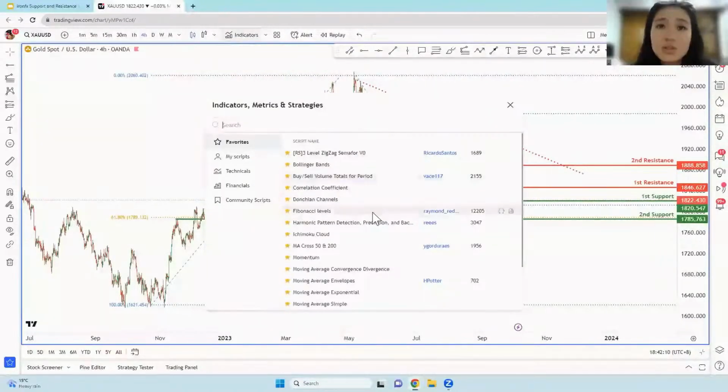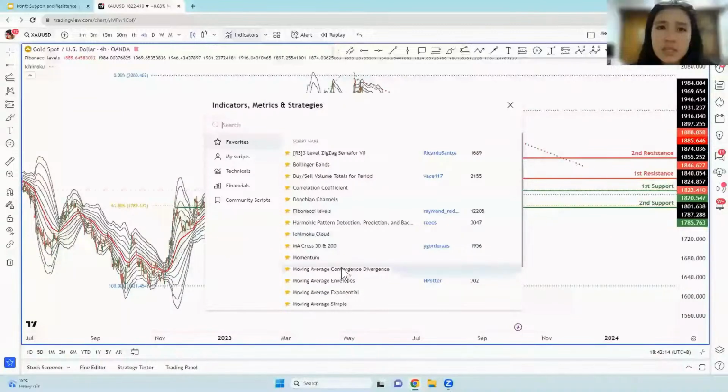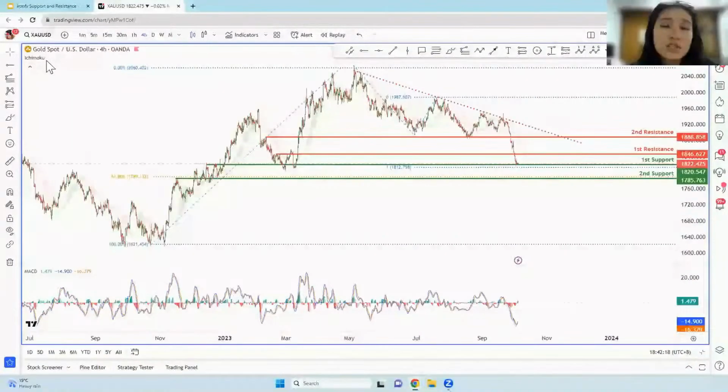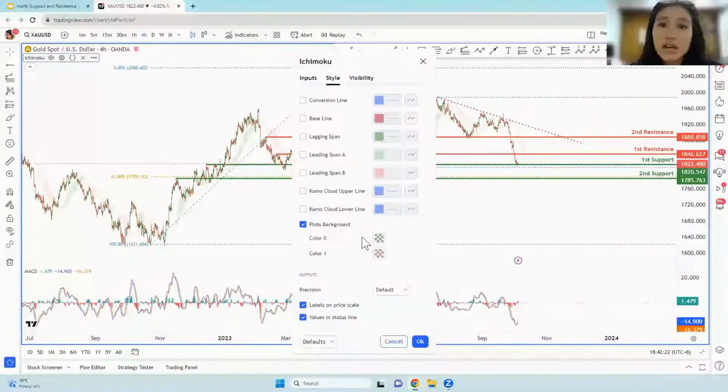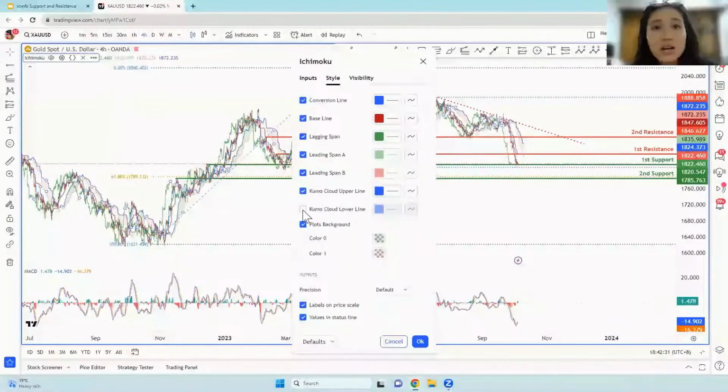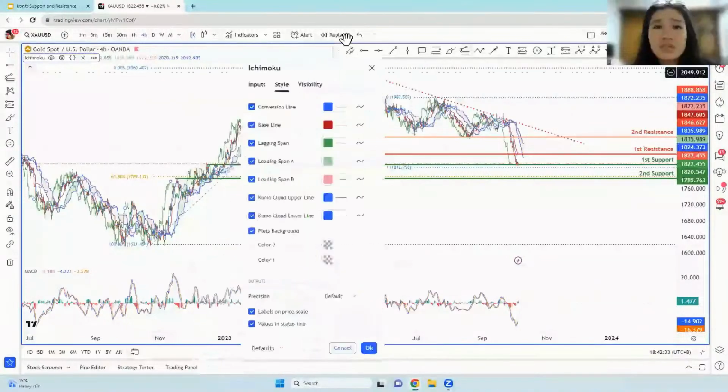So the next step is to go in with some indicators, and my favorite indicators to use are the Ichimoku and the MACD. For Ichimoku, I like to just look at the cloud, which is just the plots here, because if you look at all of the lines, which you can as well, it is a little bit messy.